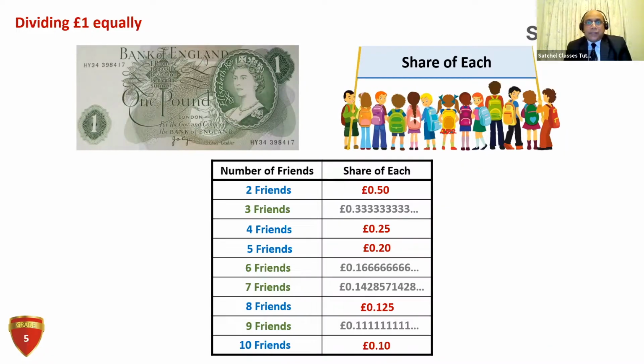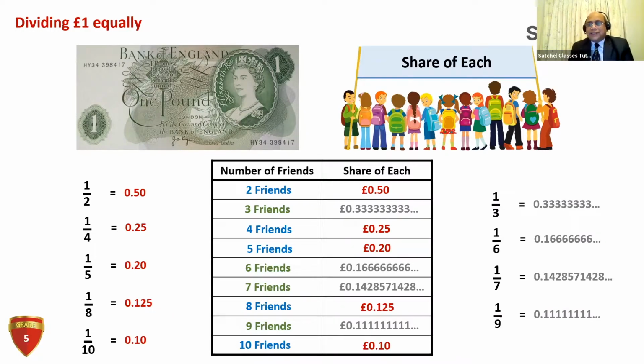So there are some divisions which give you decimals that are exact amounts: 0.5, 0.25, 0.2, and so on. Whereas there are some divisions which give you amounts that are not exact. They throw an infinite set of decimal digits like 0.333, 0.166, and so on.